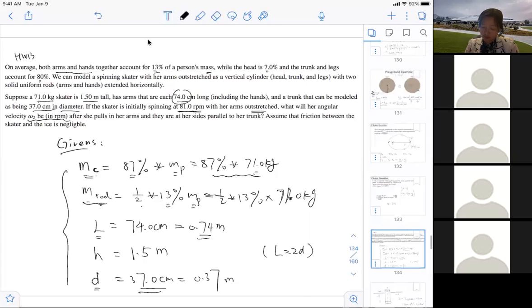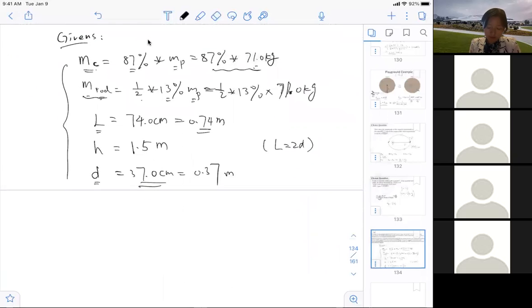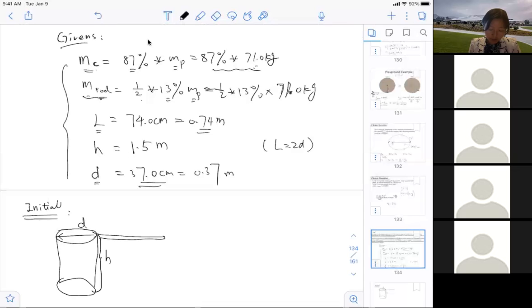All right, now let's draw some pictures to visualize what happens before and what happens later. So we're going to look at the initial state. Initially, I have a cylinder with this diameter, with this height, and on two sides of the cylinder, I have a rod.